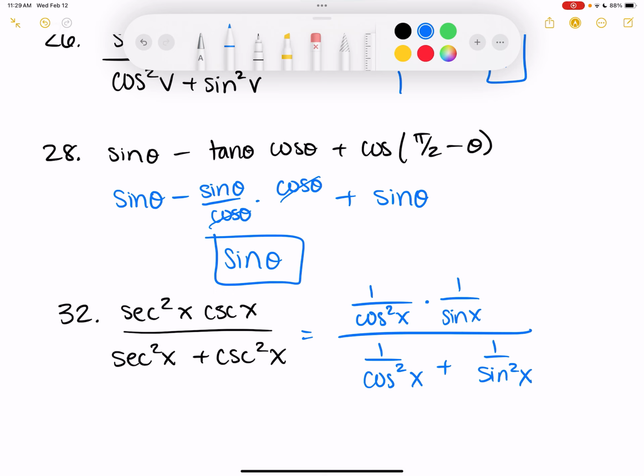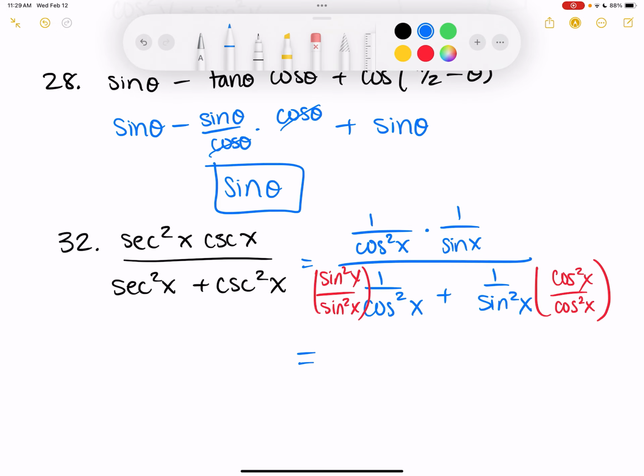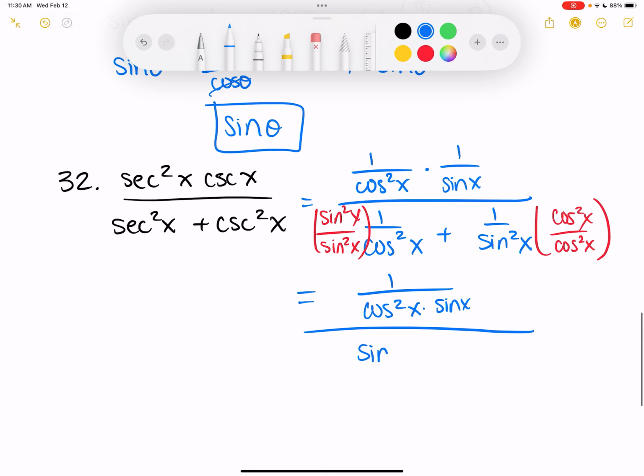So I'm going to multiply this one by sine squared and this one by cosine squared. So on the top, I've got the same stuff. I'm just going to rewrite this as 1 fraction on the top. So 1 over cosine squared x times sine of x all over on the bottom. Since I'm going to have a common denominator, I'm also going to write this as 1 fraction. So this is going to be sine squared of x plus cosine squared of x all over sine squared x cosine squared x.